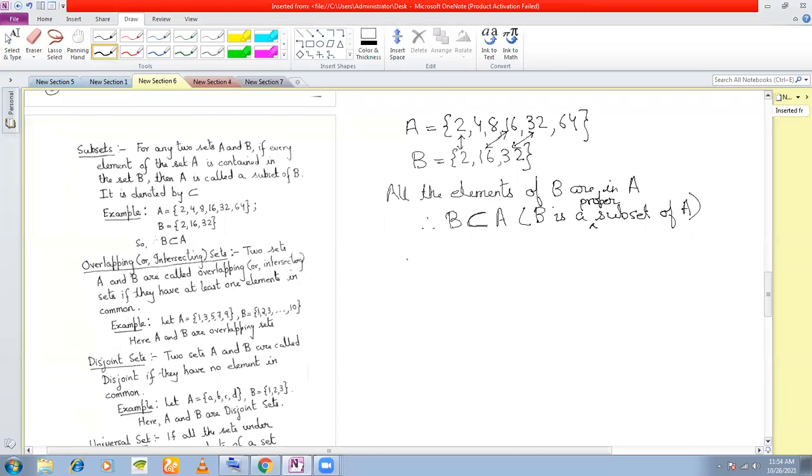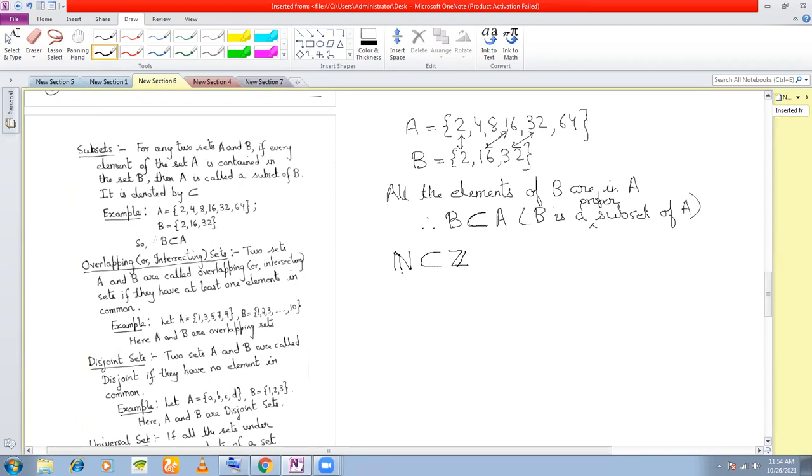Now considering infinite sets, can we say that the set of natural numbers is a subset of the set of integers? Can we say yes or no?